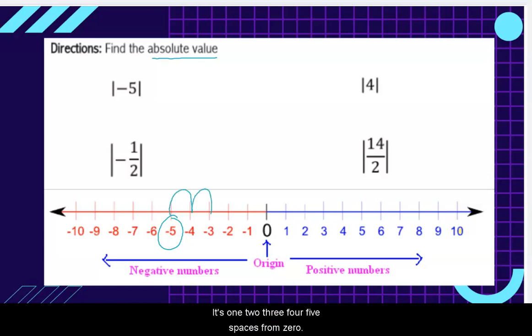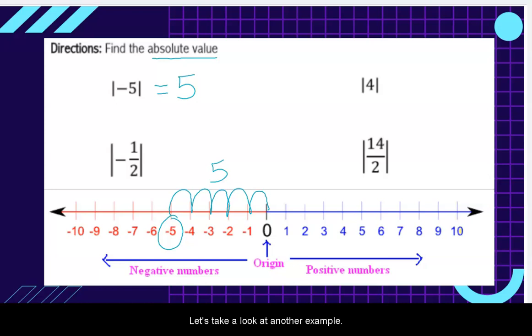It's 1, 2, 3, 4, 5 spaces from 0. Therefore, the absolute value of -5 is going to be +5. Even though it's a negative number, our absolute value is always positive. Let's take a look at another example.